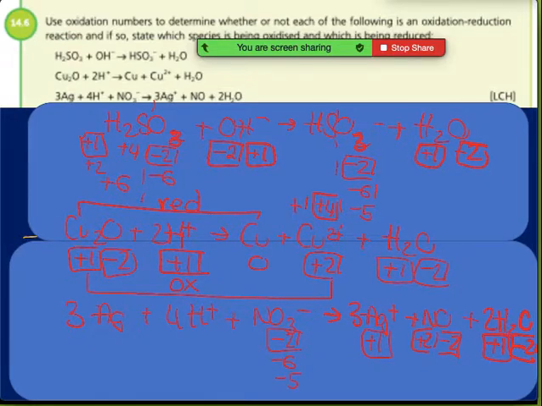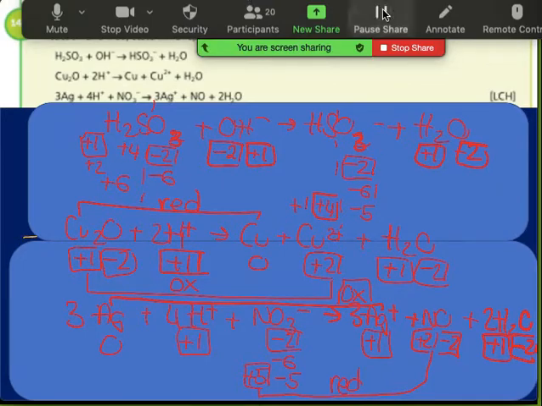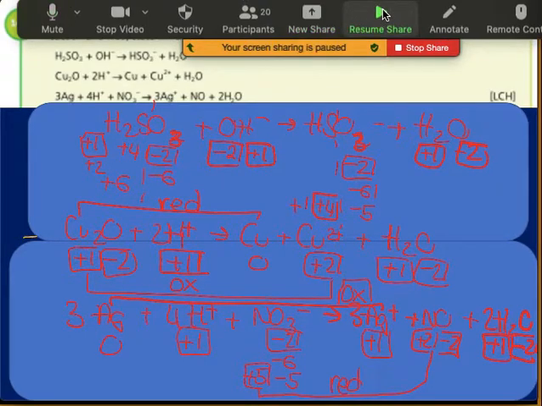I need 1 left over, -5. This makes this nitrogen +5. This will be +1 because it's a simple ion, and this is 0. Matching my silvers, I'm going from 0 to +1, which is an increase in oxidation number, so this is oxidation. And I am going from +5 to +2, which is a decrease in oxidation number. It is a reduction. Happy, Eva?